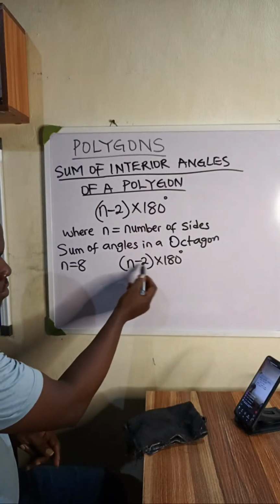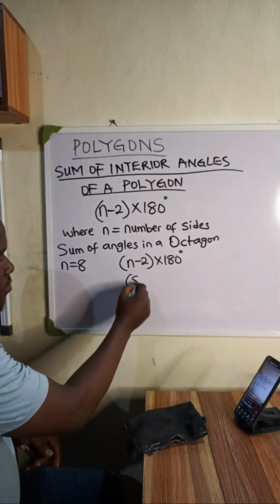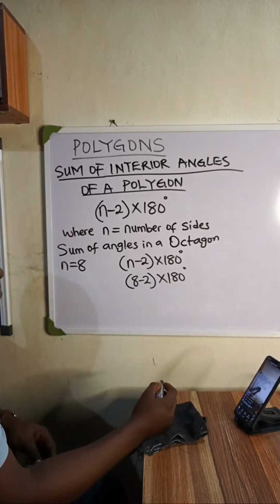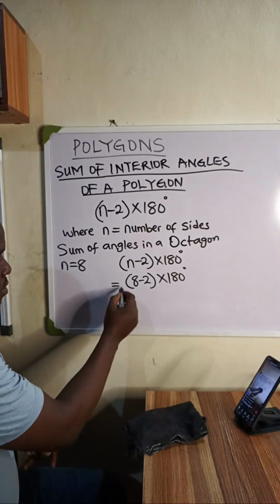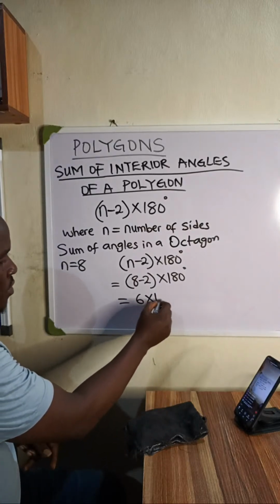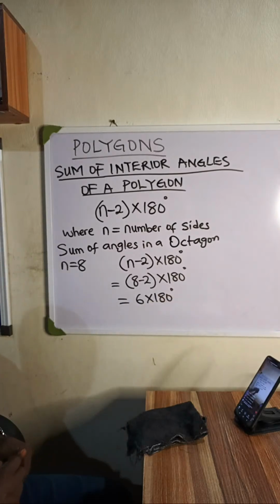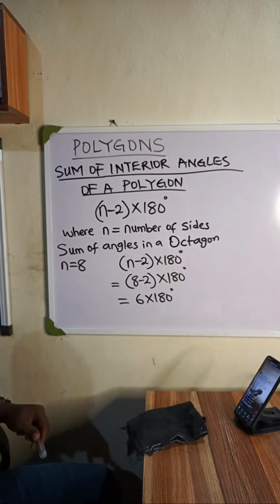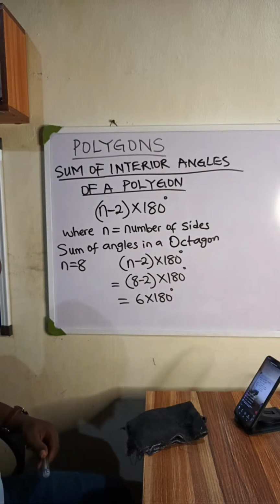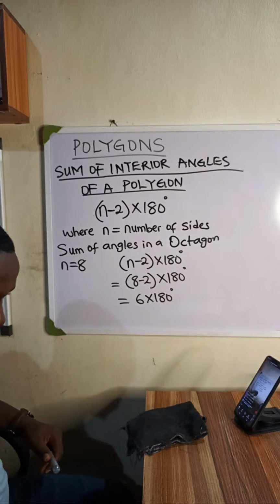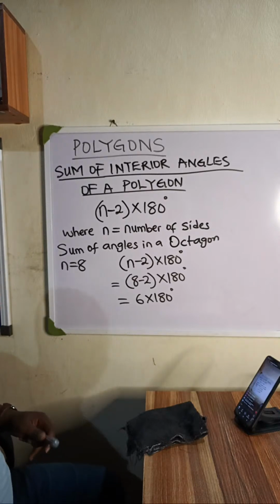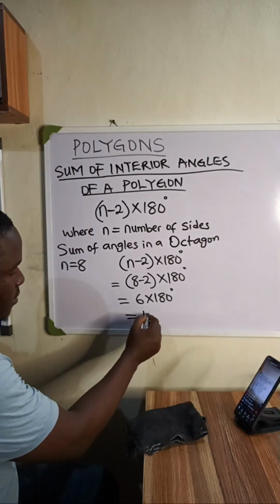Instead of n, we're going to have 8. So 8 minus 2 times 180 degrees. 8 minus 2 gives us 6, so we have 6 times 180 degrees, which is equal to 1080 degrees.